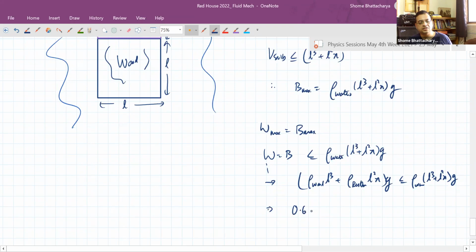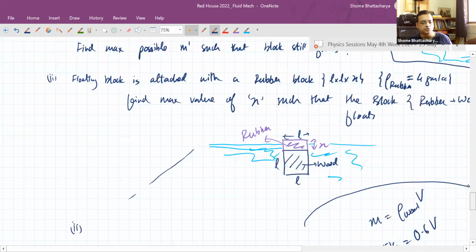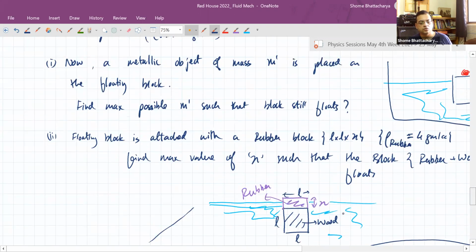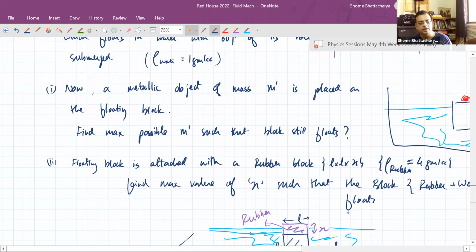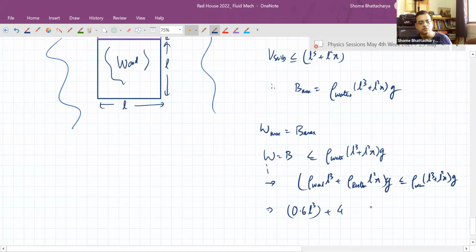So 0.6 L cube plus, now how much was the density of rubber that we had taken? 4 gram per cc. So 4 times L square x should be less than equal to 1 into L cube plus L square x, or 0.6 L plus 4x would be less than equal to L plus x.